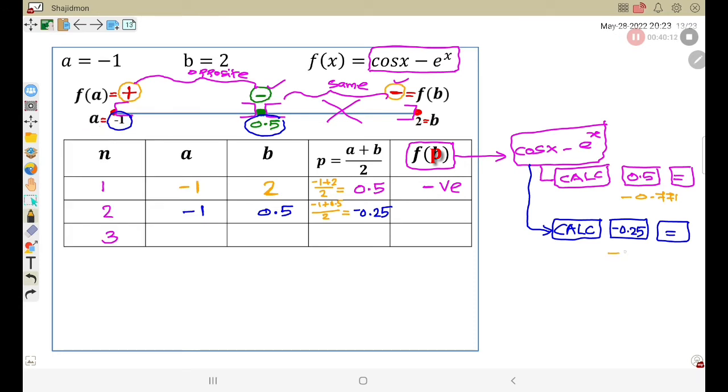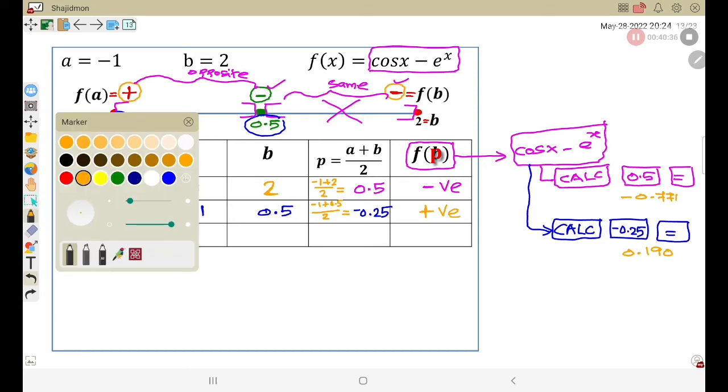I am just writing for your understanding, 0.190. That means we are getting a positive number, not minus, plus 0.190. That means we are getting positive sign here.